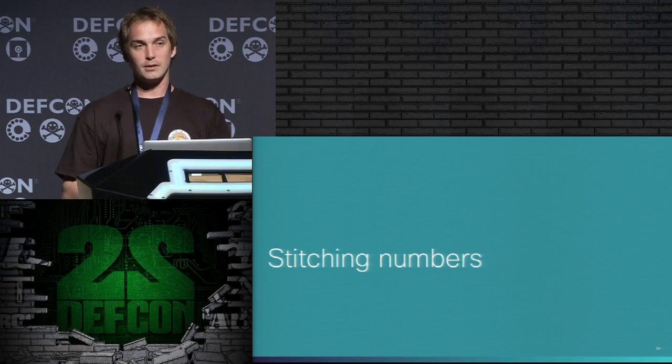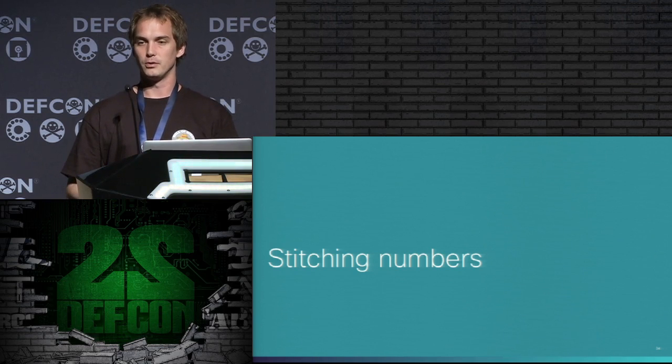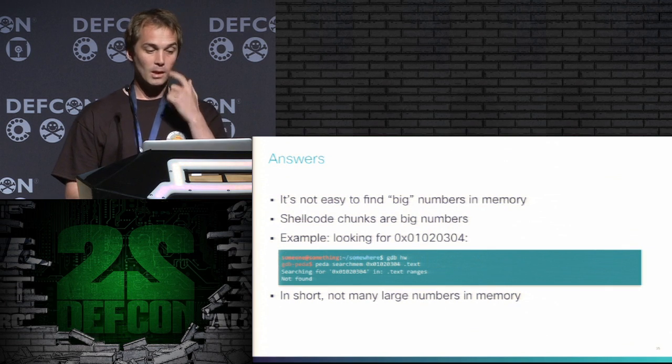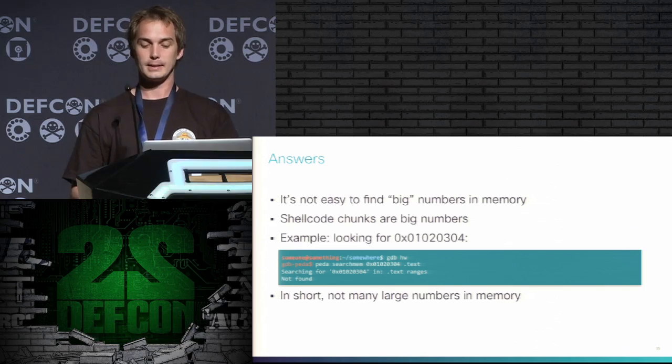So the next part is: I've got that value, and I'm hoping for that value to be in memory, but it's not. What can I do, and how can I build it? The answer is that it's not very easy to find big numbers in memory.